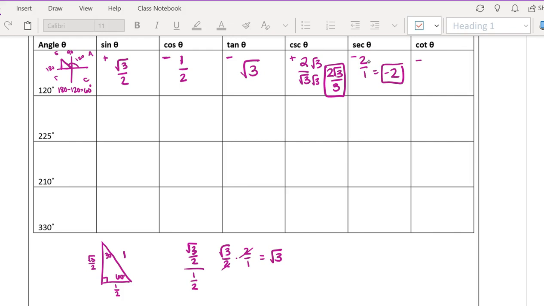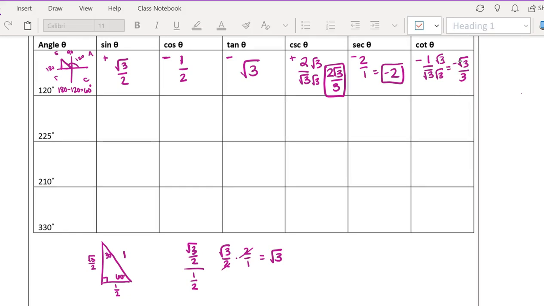The cotangent is the reciprocal of tangent. So if tangent is negative root 3, then the cotangent is negative 1 over root 3. And if I rationalize, I'm going to get negative root 3 over 3. Okay.